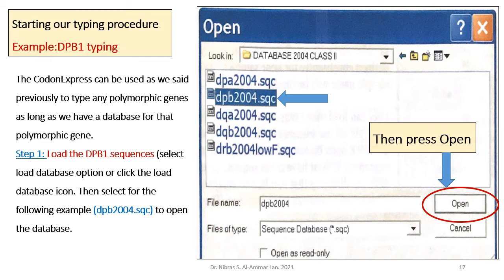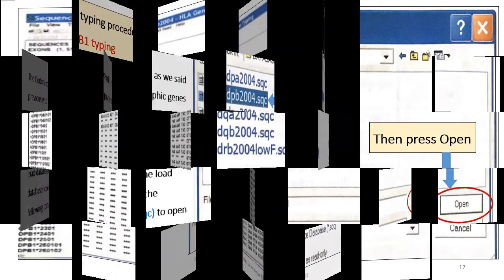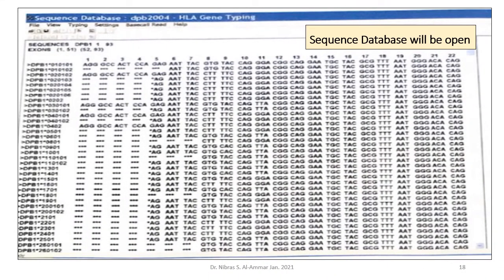As you can see here the arrow, we will select DPB 2004 sequence and then press open. Now the sequence database will be open. In that case, all the database will appear here.